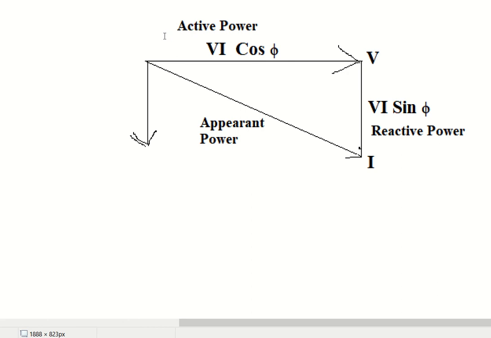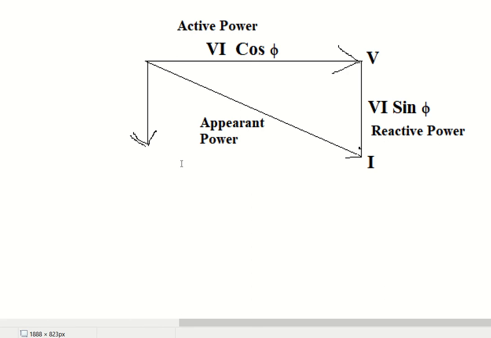P represents active power, Q represents reactive power, and S represents my apparent power. So S equals the square root of P squared plus Q squared. That makes my apparent power.